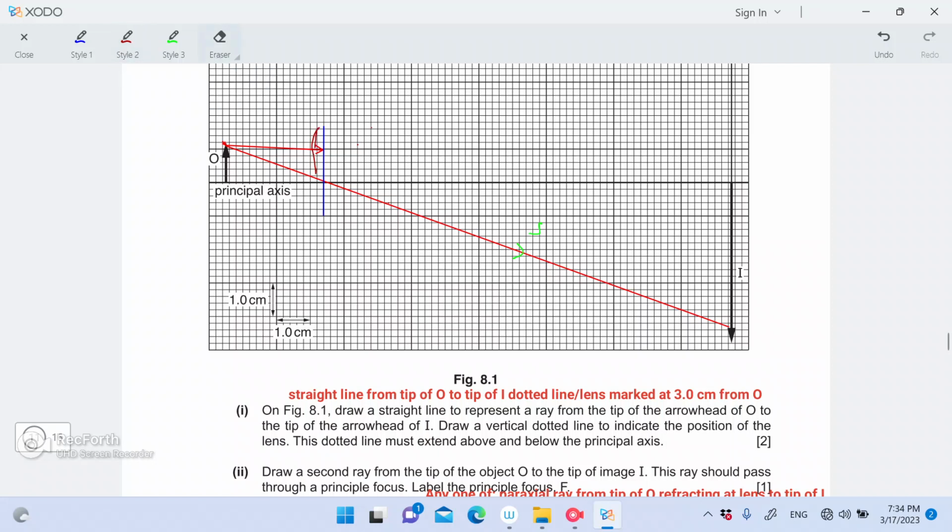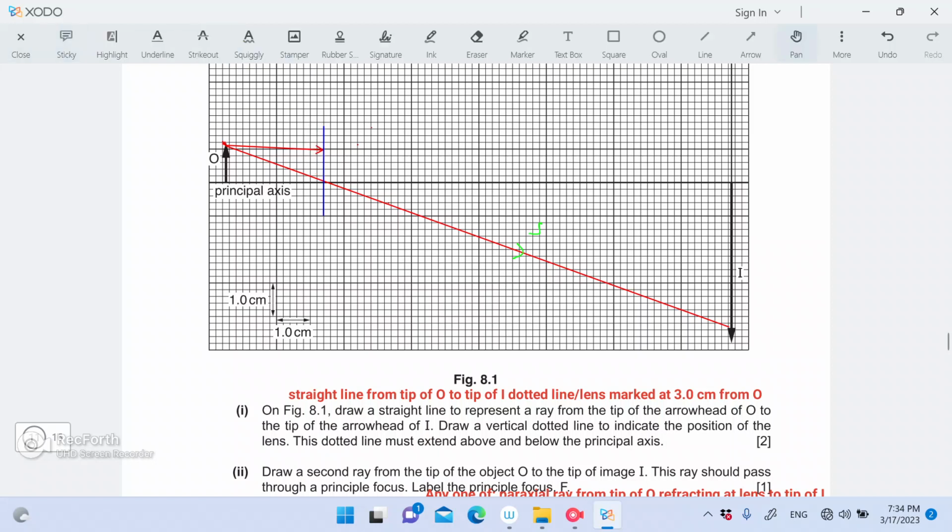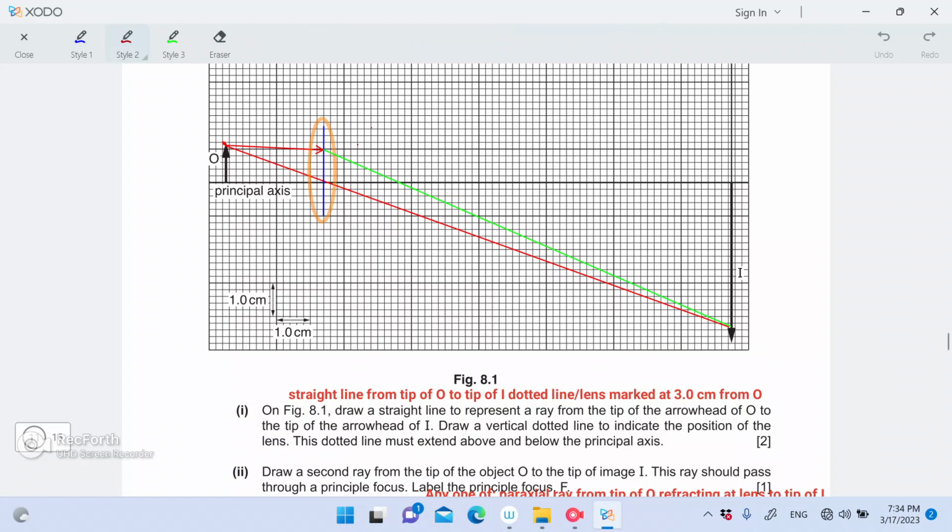Here will be my lens. So one more ray will be drawn. This will cross here. Now you can see my rays are meeting here.